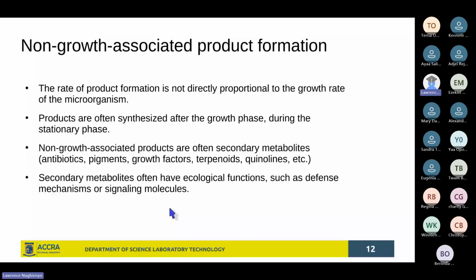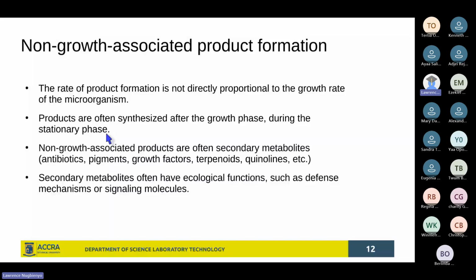And this is usually for products that are formed after the growth phase, which means that the products are going to be formed at the stationary phase, when the microbes have already grown, and at that steady state, that is when the products are being formed, which is why you don't have any correlation with the exponential stage.